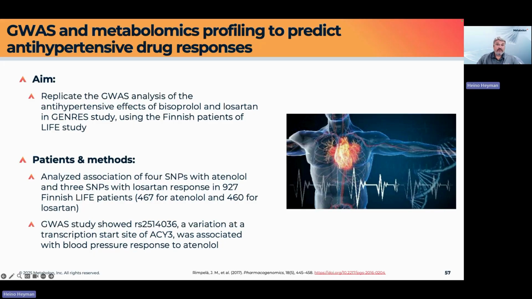EQTL data in 4 different databases also showed strong association with the SNP, with aminoacylase 3 expression being shown to be in several different tissues as well.